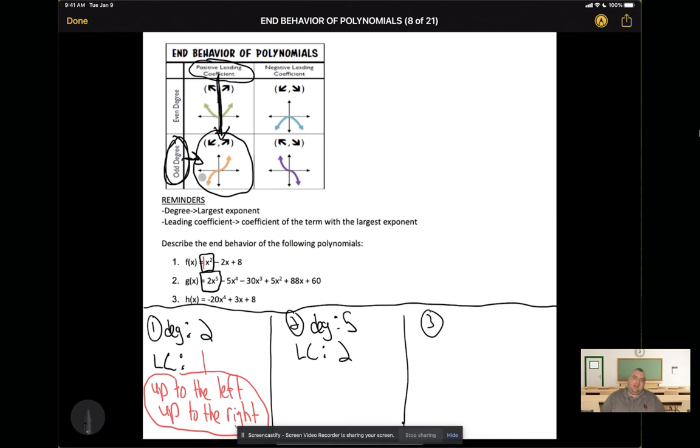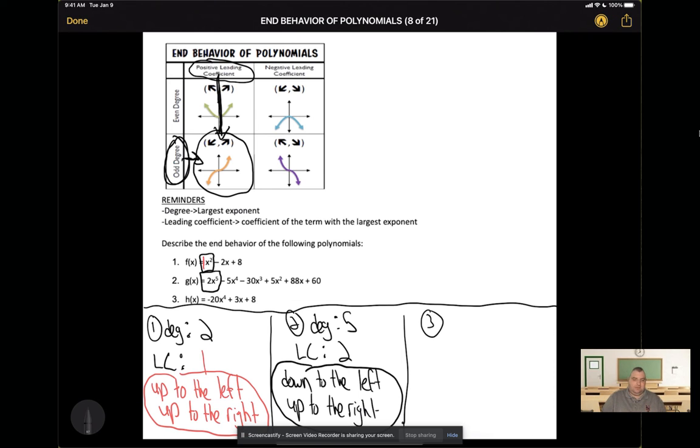You can see the end behavior is down to the left and up to the right. So my end behavior would be down to the left and up to the right. That is all we have to do.